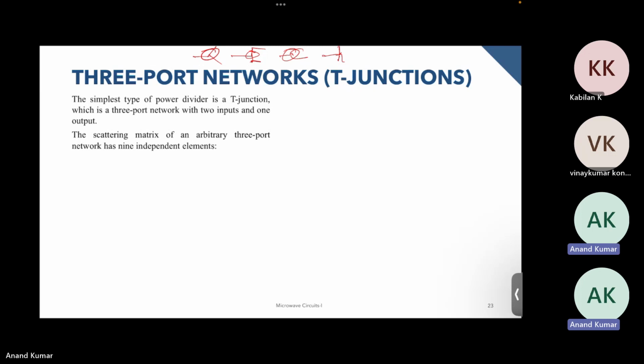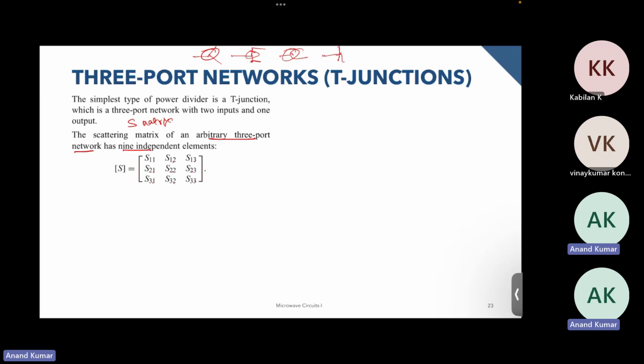Now the scattering matrix, if you remember, the S matrix for an arbitrary three-port network will have 9 independent elements. It will look something like this: S11, S12, S13, S21, S22, S23, S31, S32, S33.